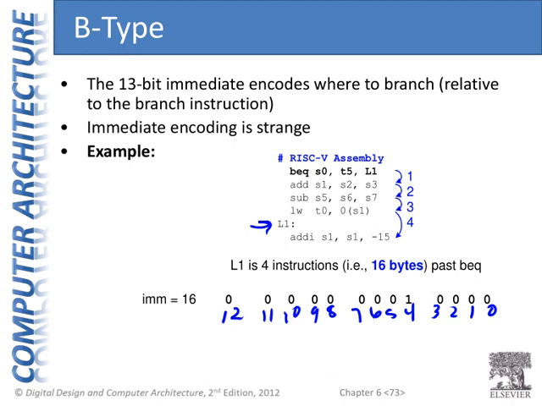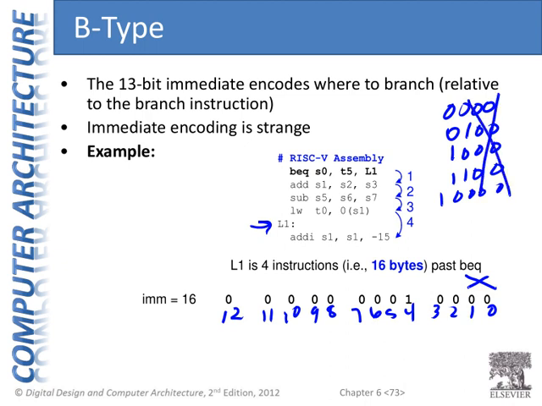So actually these two are always going to be 0, because 0, 4, 8, C, 10, and so on. You'll notice that for multiples of 4, those bits are always 0.